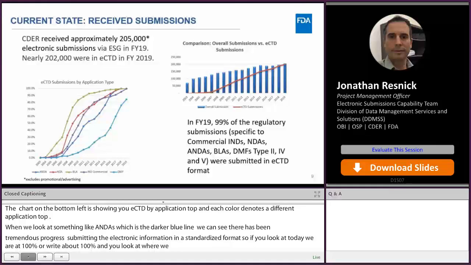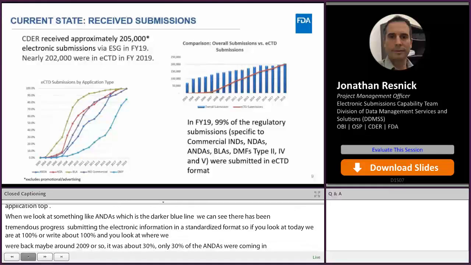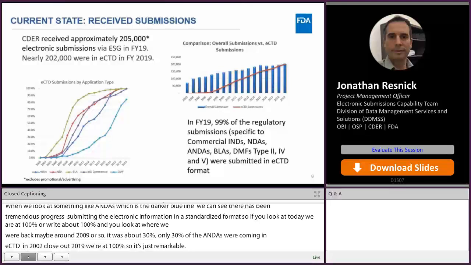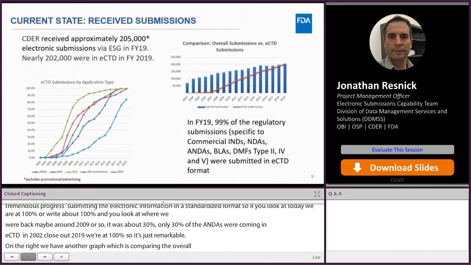Then looking over on the right, we have another graph comparing the overall electronic submissions versus what is in eCTD. The blue bars show you year over year the electronic submission count into CDER. That amount is increasing year over year. What's really interesting is the red line.